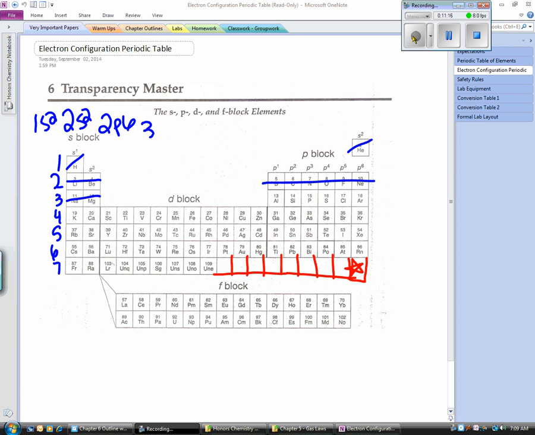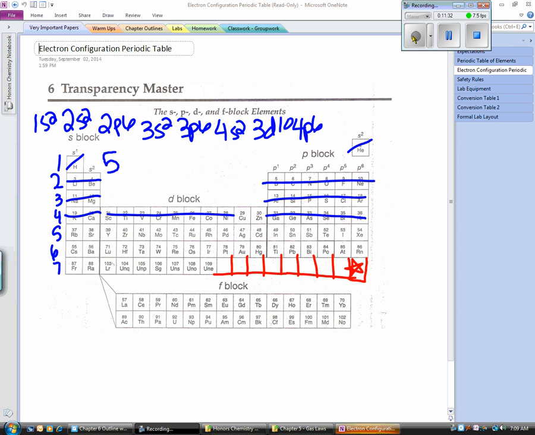3s2. If you know how to do this, you should have paused and you're just checking the answer. 3p6, 4s2, 3d10, 4p6, 5s2, 4d10, 5p6, 6s2.